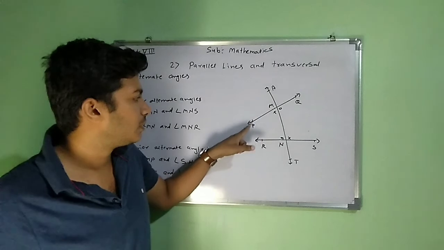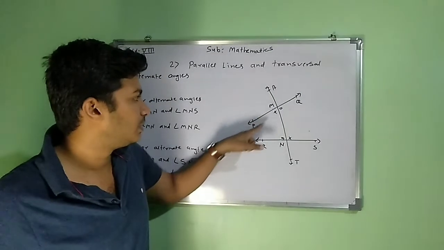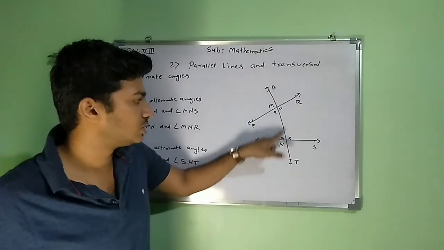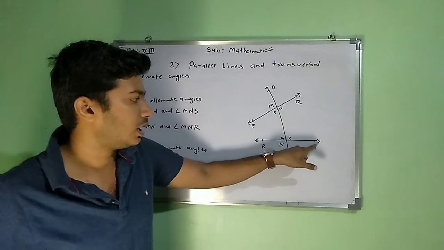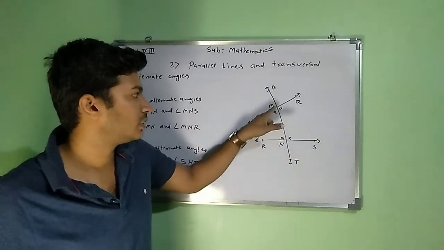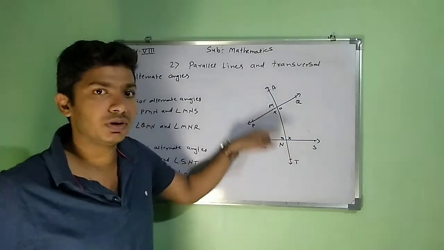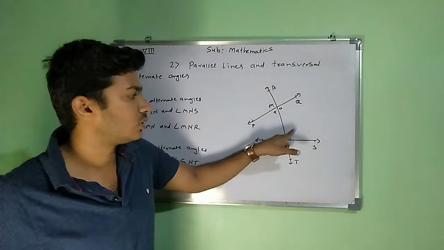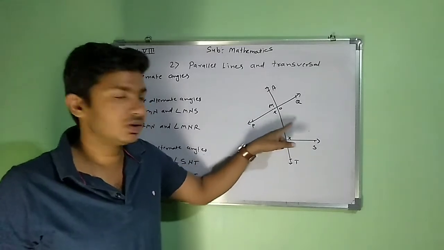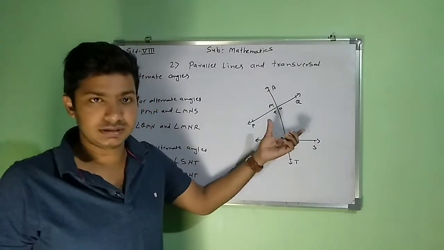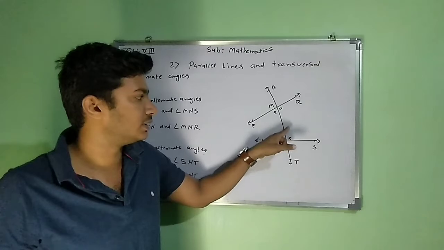Why? Because look here, angle PMN is showing downward direction, and angle SNM is showing upward direction. So these are on the opposite side of the transversal and showing opposite directions. So these are called alternate angles.